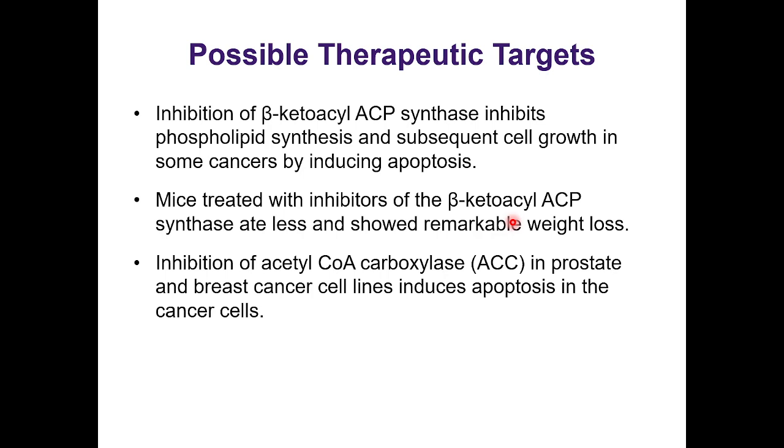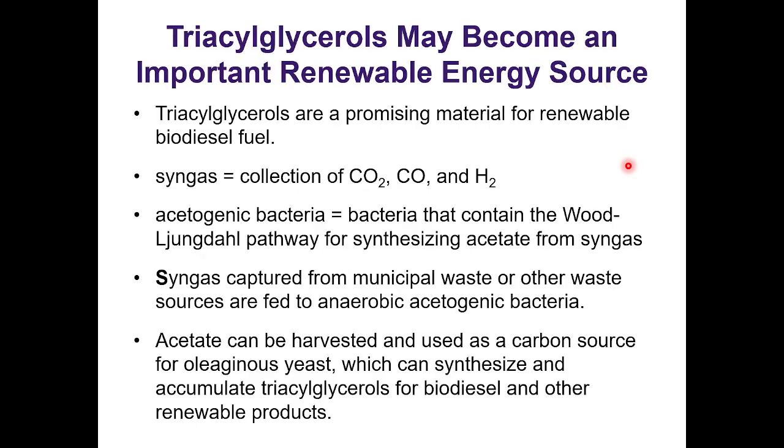Mice treated with inhibitors of beta-ketoacyl ACP synthase ate less and showed remarkable weight loss. Inhibition of acetyl-CoA carboxylase, ACC, in prostate and breast cancer cell lines actually induced apoptosis in the cancer cells, which is quite impressive, actually. Really cool.